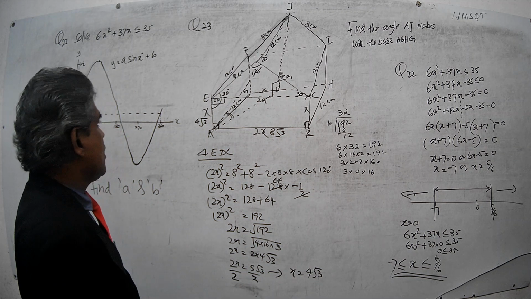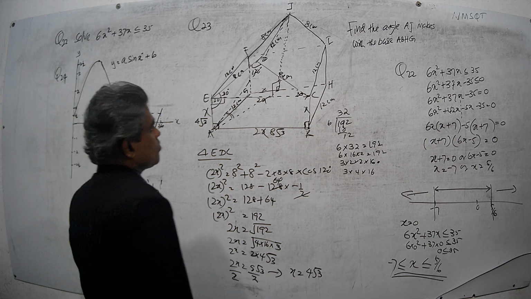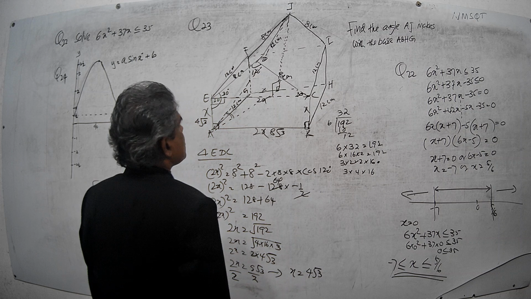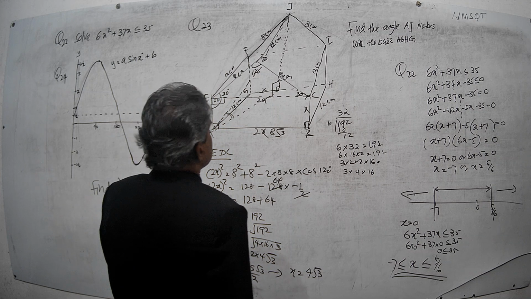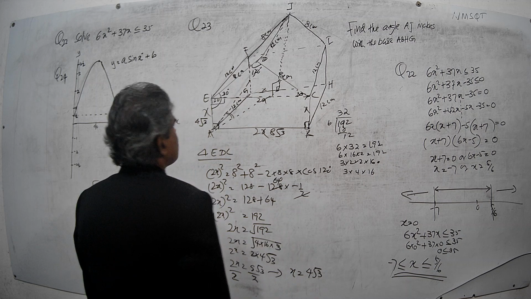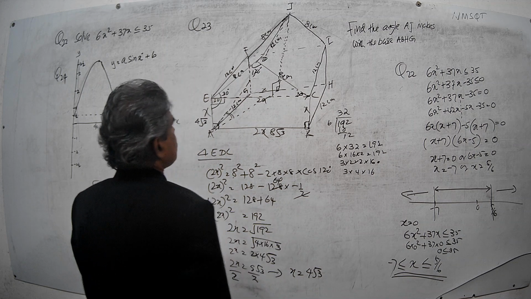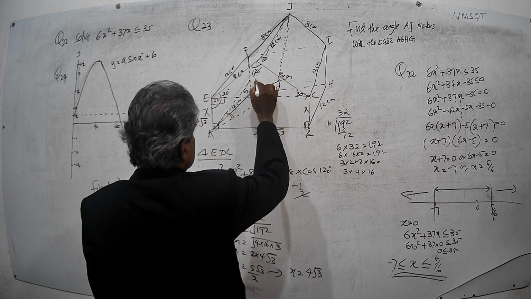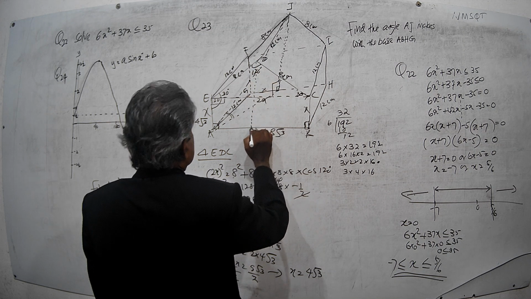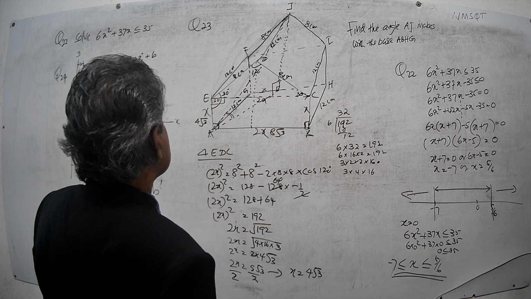That length will be nothing but equal to this length here from this bisector, like this, right?